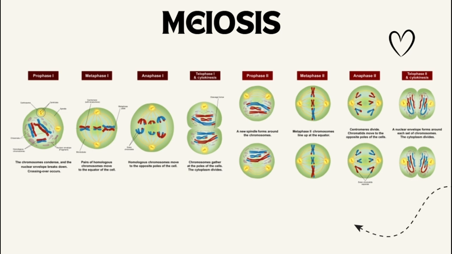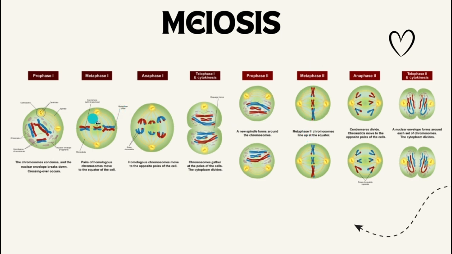Now there's something very important here. In metaphase 1, you can see them line up at the equator, and if we jump ahead and look at metaphase 2, they're also lined up at the equator, but the difference is that they're lined up in different directions. You see it? They're more horizontal over here, and more vertical over there.